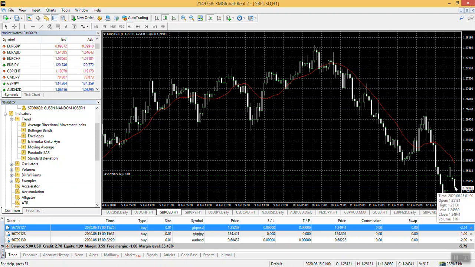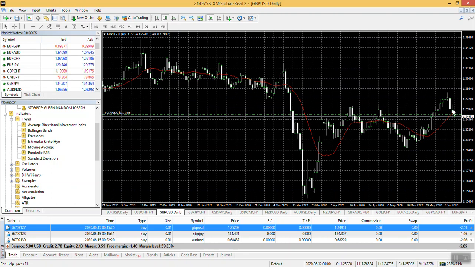I decided to buy just because of the gap that formed in the market. But you see, this trend is showing me that I'm trading against the trend, which is dangerous. This is a bearish trend, and now I am buying. So this is a wrong trade. Never buy when the trend is bearish, and never sell when the trend is bullish. You will just lose your money.